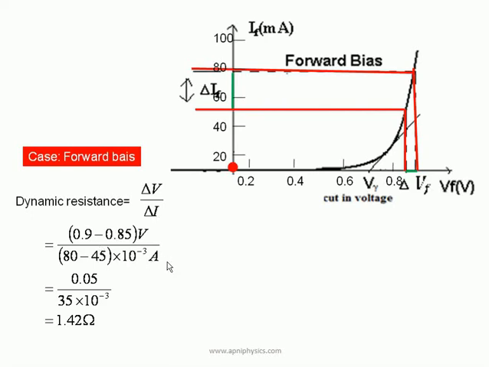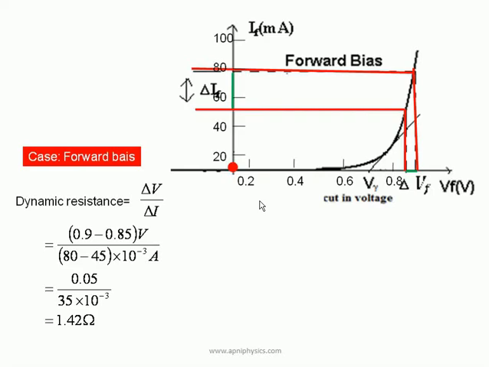I am putting in those values, and because I know that the current is in milliampere, I have converted that into ampere. As a result, when I simplify this ratio, I found the dynamic resistance in the forward bias case is 1.42 ohm. Right, so this was the forward biasing of the PN junction diode and its characteristics.